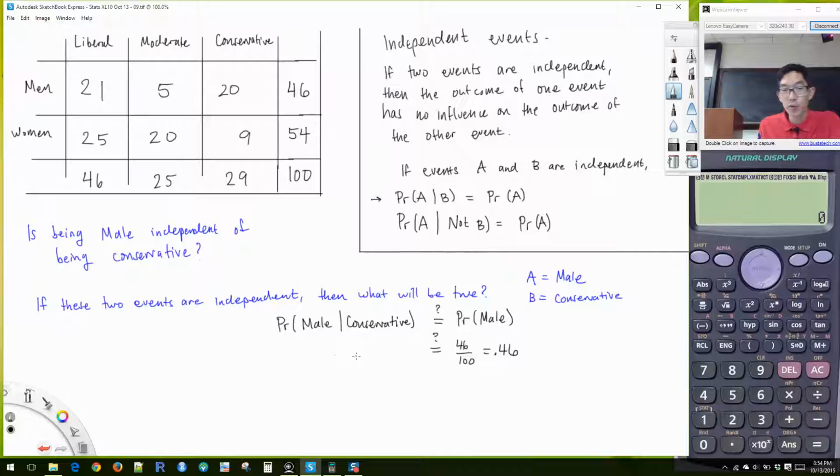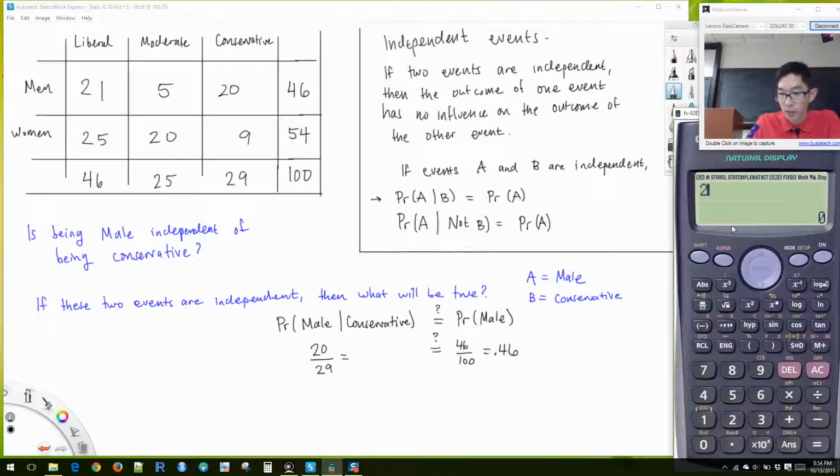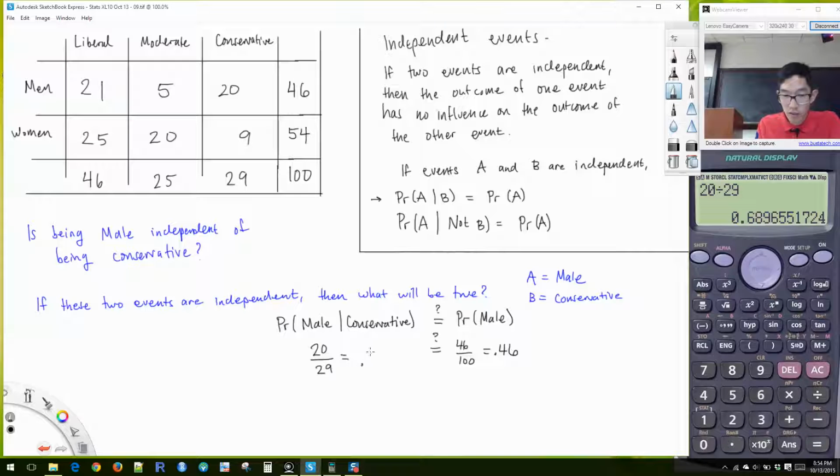What is the probability of being male if we know someone is conservative? 20 out of what? 20 out of 29. Okay, and so what do I get there? 20 divided by 29 is 0.6897. Okay, so 0.6897 is not equal to 0.46.